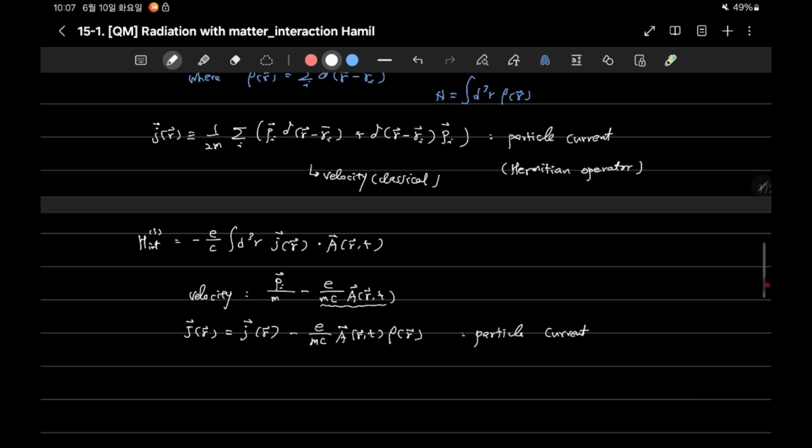And the physical meaning of this current is the general current. We call it a paramagnetic current. But the minus sign means that it is a diamagnetic current.